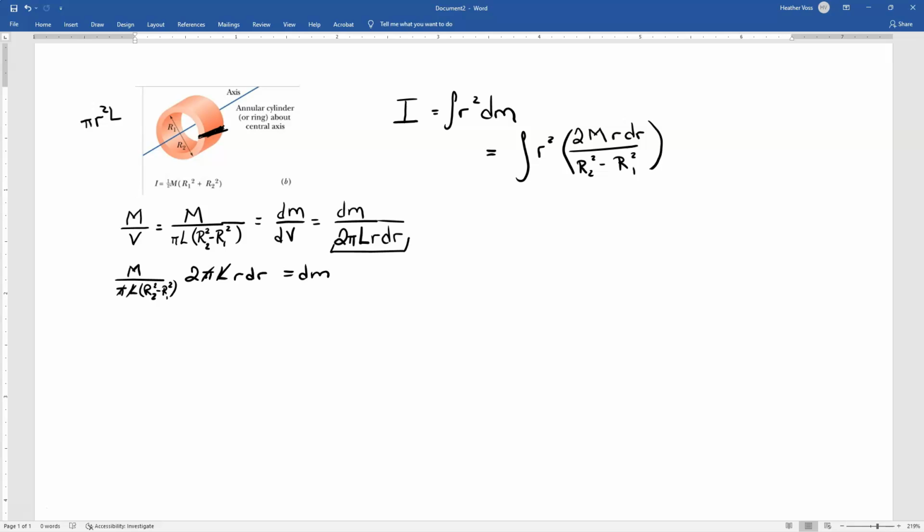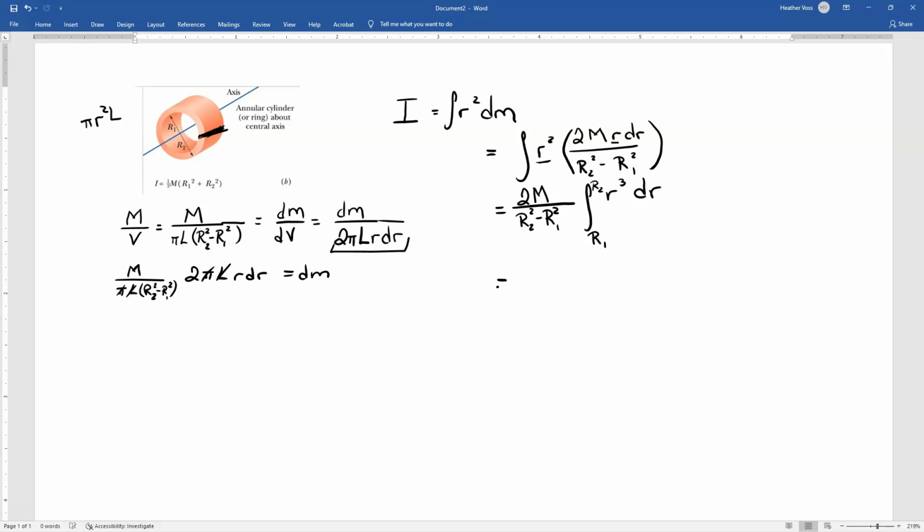We're going to take all of the constants and dump those out front. So we're going to have 2 big M over r2 squared minus r1 squared, and then the integral of what's going to become r cubed, r squared times r, dr. Now, where are we starting? Well, we're starting at the inner radius, r1, and we're going to end at the outer radius, r2.